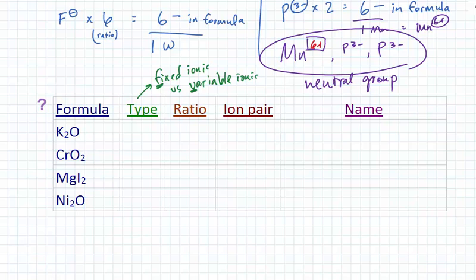So I want you to see if you can fill these out. I want you to start with the type. Fixed versus variable, just based on where the metal is. Write the ratio. Remember, the ratio just comes straight from the formula. Don't switch anything. If you're given the formula, that is the ratio. What gets switched is going from ratio to ion pair sometimes.